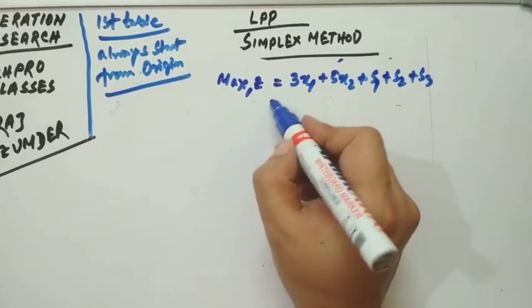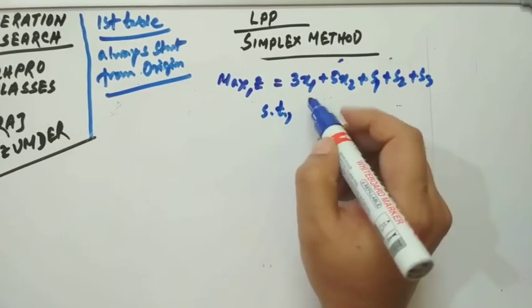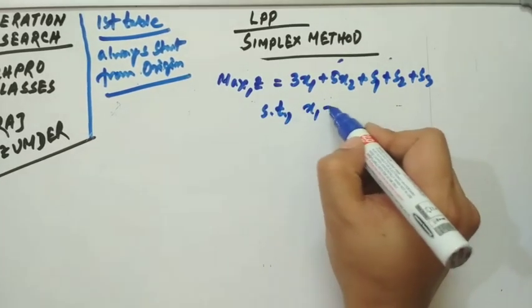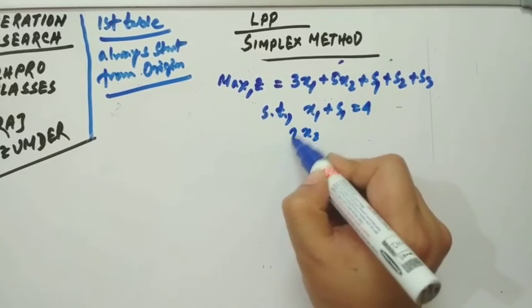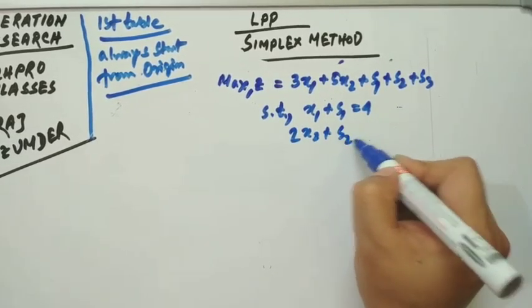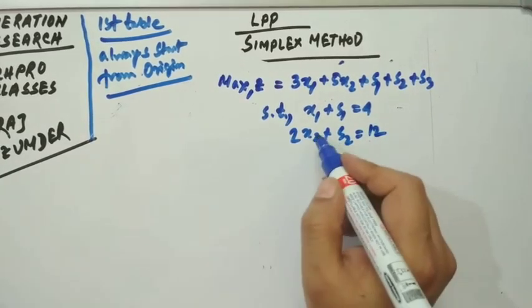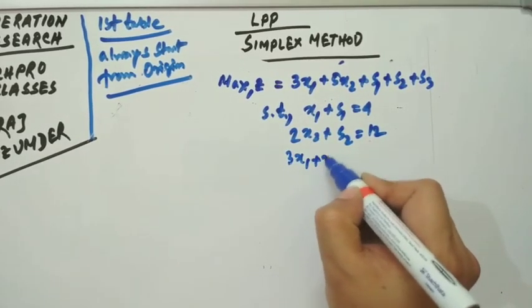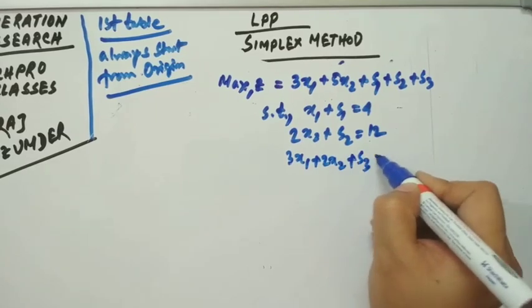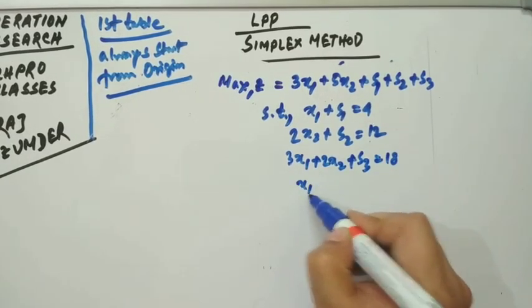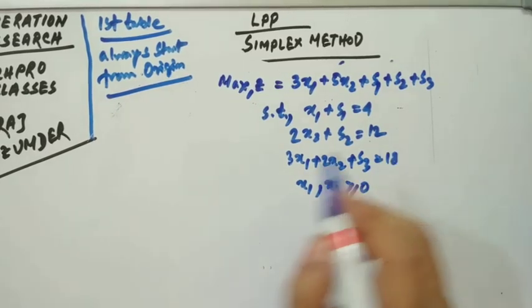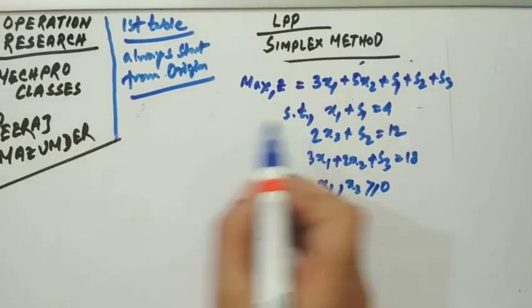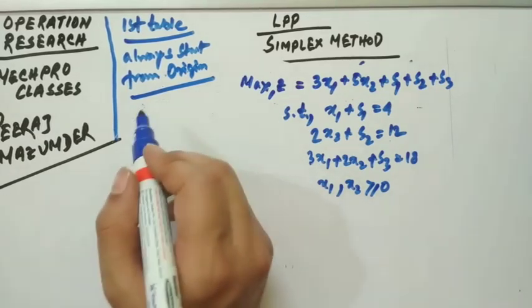And the constraints, as I wrote previously, are x1 plus s1 equal to 4, and 2x2 plus s2 equal to 12. Next we have 3x1 plus 2x2 plus s3 equal to 18, and x1, x2 should be greater than or equal to 0.